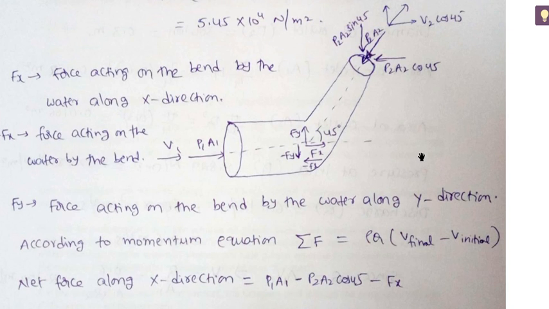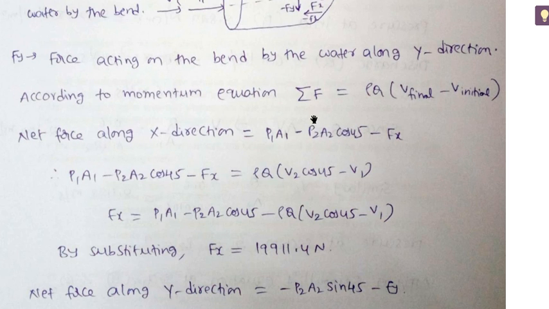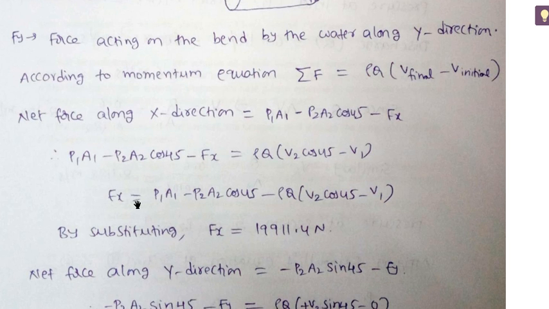Along x direction, the final velocity is v2 cos 45 and the initial velocity is v1. So final velocity minus initial velocity. From this we can find Fx: take Fx this side and this term this side, we will write finally Fx, the force acting on the bend by the fluid along x direction, is this one.